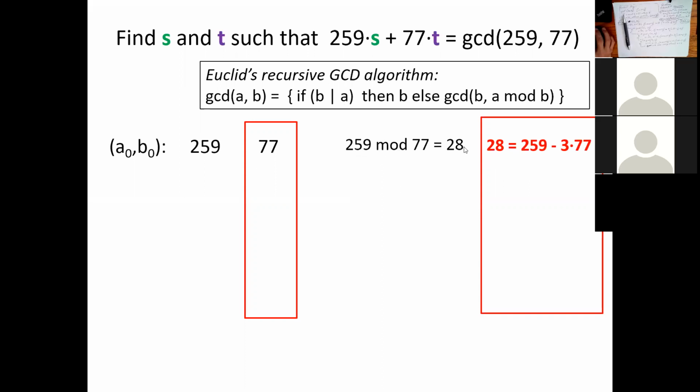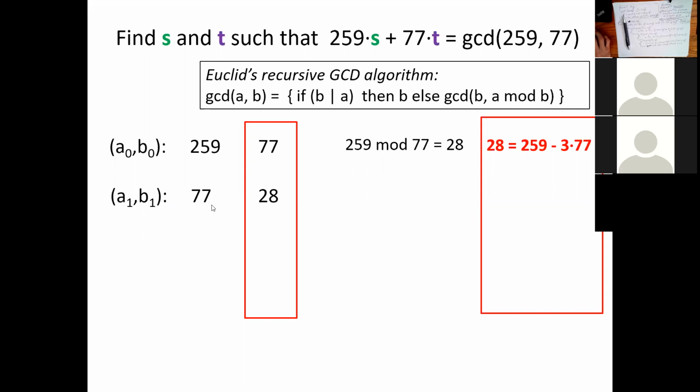So this will be the new B in the new recursive call. In the recursive call, you're calling it on B and A mod B, in this case on 77 and 28. So in this next call, your new values A and B will be 77 and 28 respectively. I'm going to call them A1, B1.